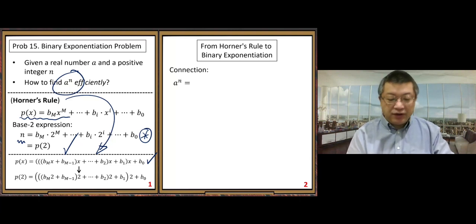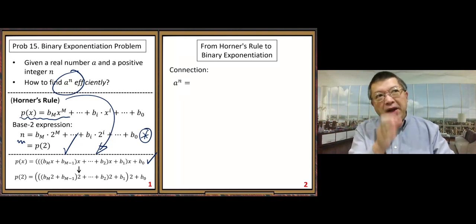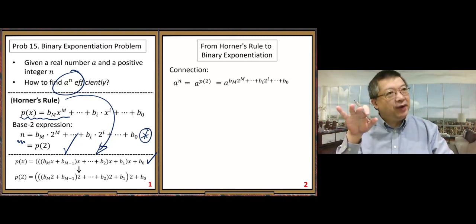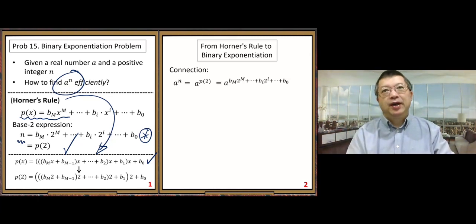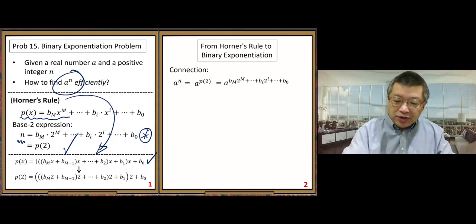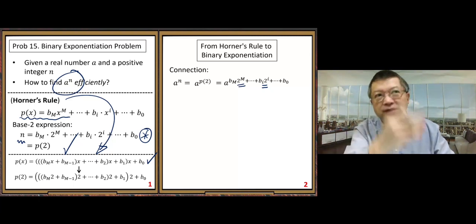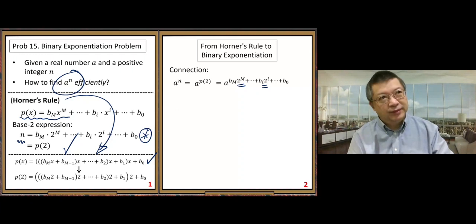Connection. First, when we evaluate a to the nth, we can write it in this way, right? When we use base 2 representation, it corresponds to repeated squaring. We're familiar with that technique.